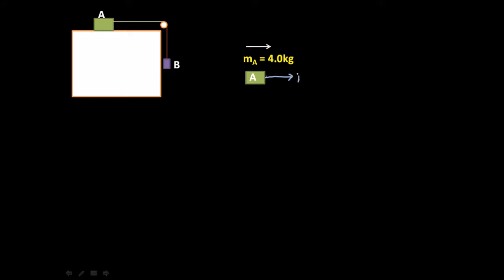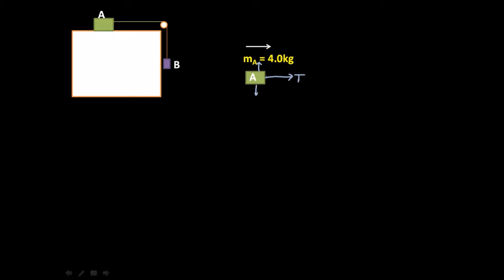I called that tension in the original problem, so that's what we'll call it. There's no frictional force pointing backwards. Now there are two other forces. The weight is pulling down, and the normal force is pushing up. But they cancel each other out because it's not accelerating either up or down. So we don't really have to worry too much about those two forces. There's our complete free body diagram.